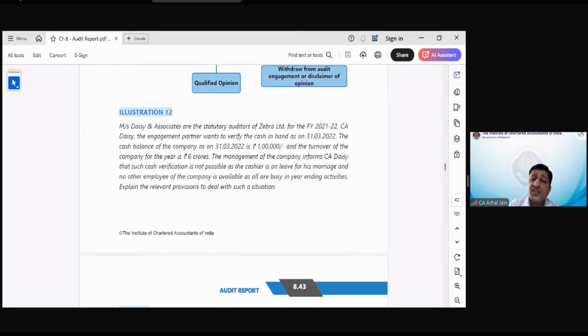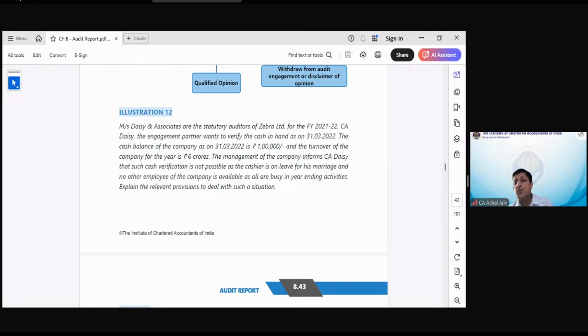Whenever you look at cash in hand, what information will you ask for? You will want to physically verify that. That is going to be your audit procedure.